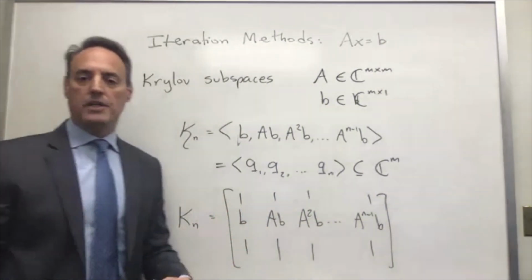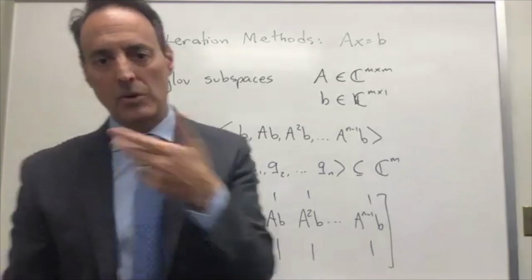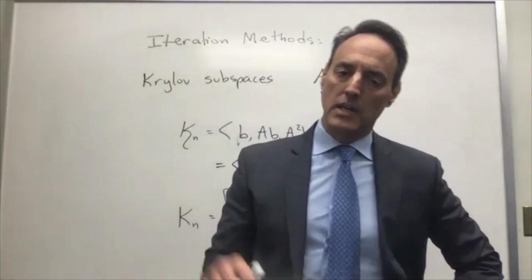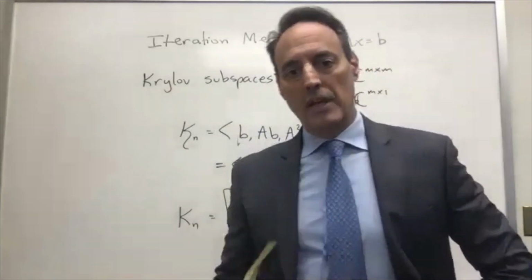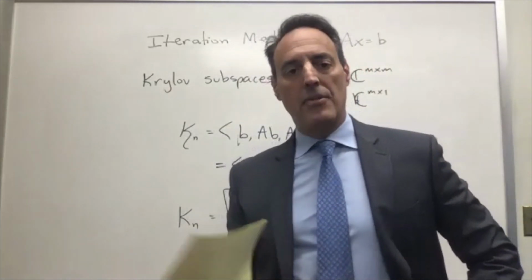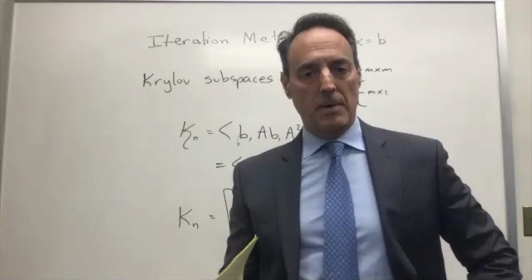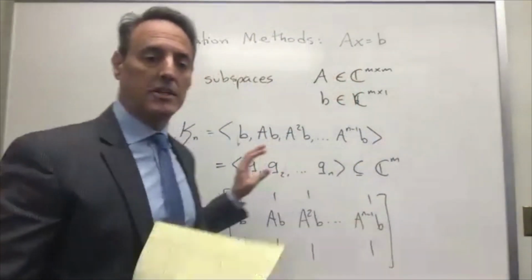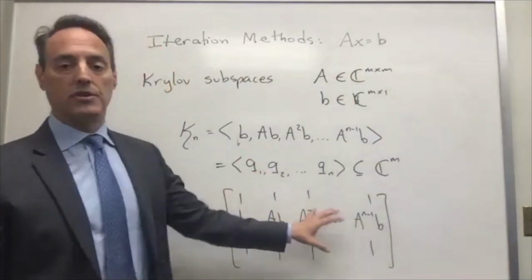So this matrix is going to be really important for us as we start to look for solutions to Ax equals b using iterative techniques. And the method we're going to use is what's called the generalized minimal residual method, GMRES. And it's going to exploit this kind of structure in this kind of space.